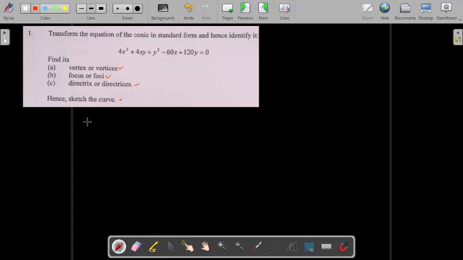First of all, our equation is given as 4xy squared plus 4xy plus y squared minus 60x plus 120y is equal to 0. I can actually identify this equation from the look of it.